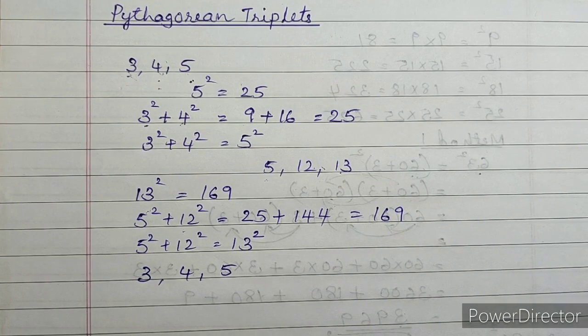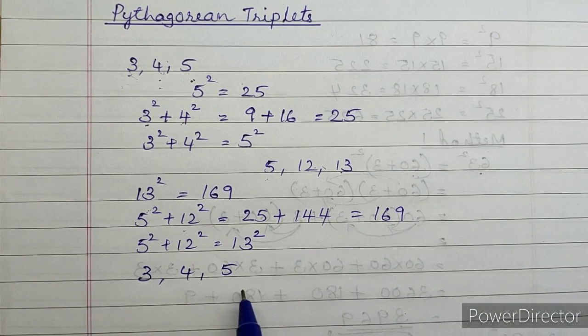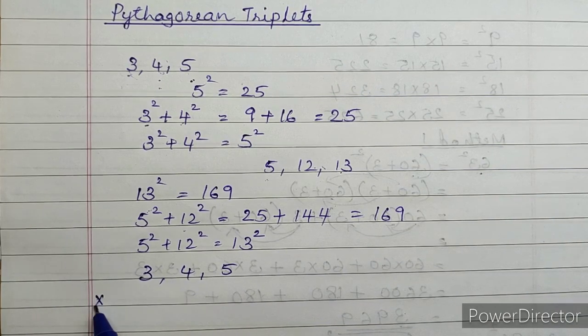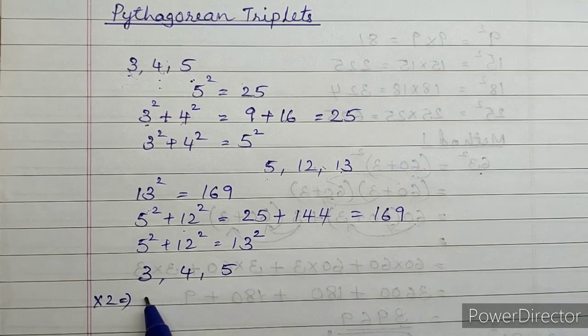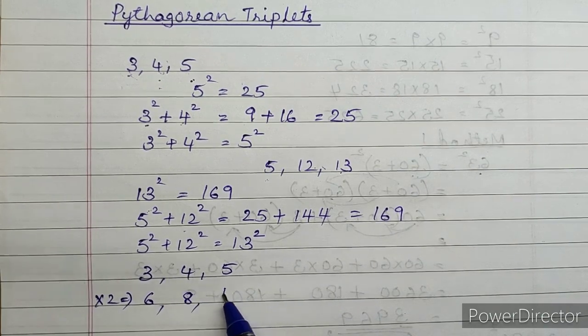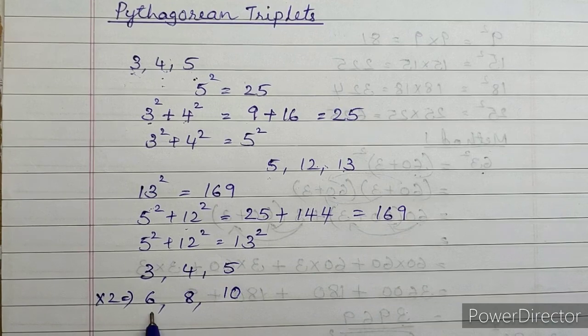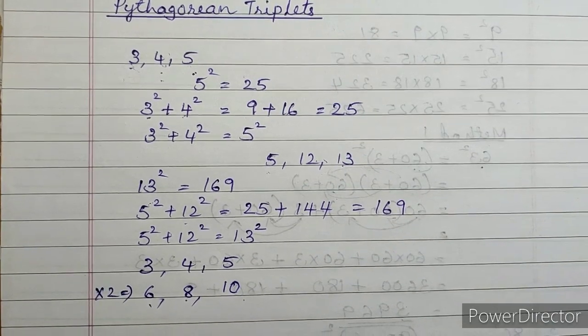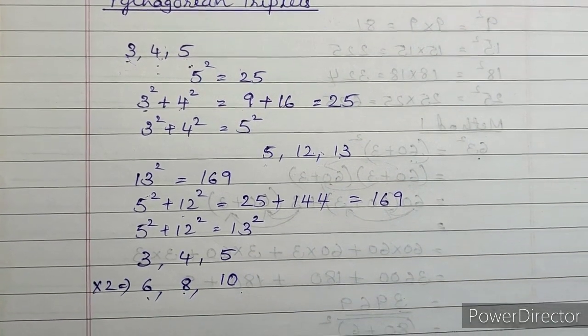You just take the multiples. First you multiply with 2. If you multiply by 2, you will get 3 2s are 6, 4 2s are 8 and 5 2s are 10. So 6, 8, 10 is another collection of Pythagorean triplets.